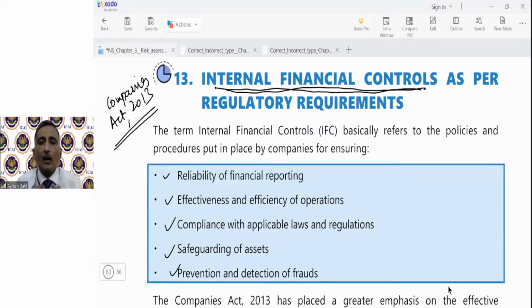And rather it is wider than internal control because it specifically includes prevention and detection of frauds.